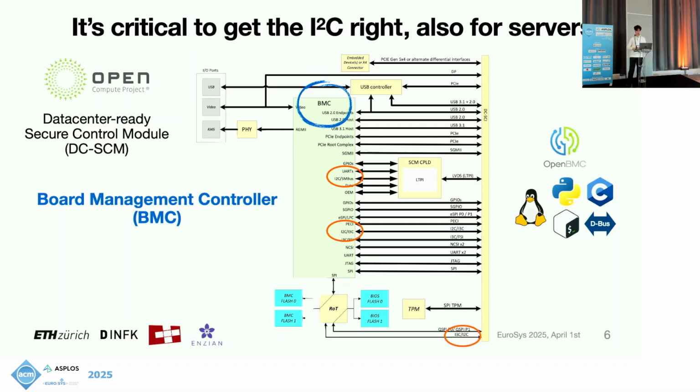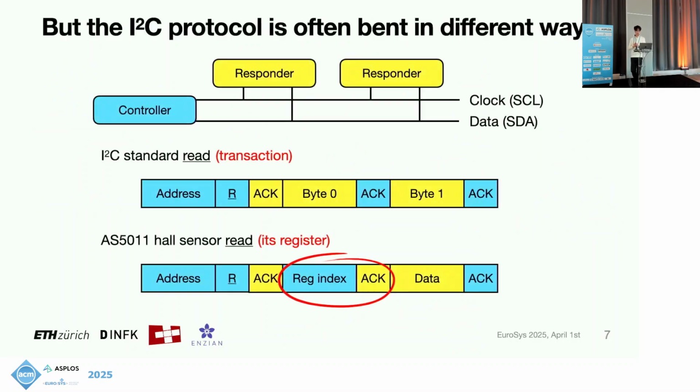Because that network uses the I2C protocol, in an ideal world, the BMC should just need to implement the standard I2C protocol, and it should be able to drive the I2C network, right? The truth is, the I2C protocol is often violated.